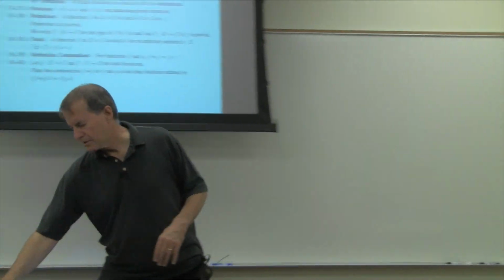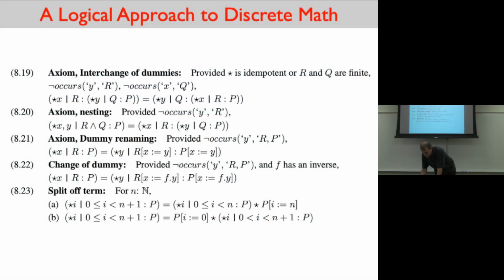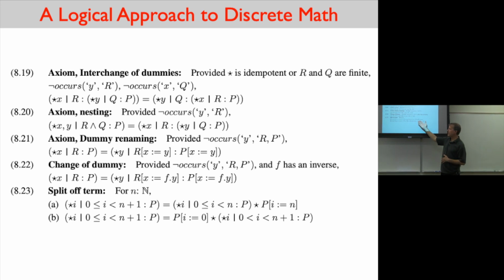Here, let's look. Here it is, 8.22, change of dummy. Do you remember proving this? Provided y does not occur in R and P and f has an inverse, there exists star x, range R, body P equals star y, range R with x replaced by f dot y and body P with x replaced by f dot y. I think you proved this.